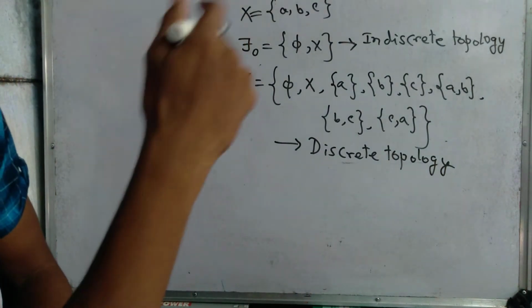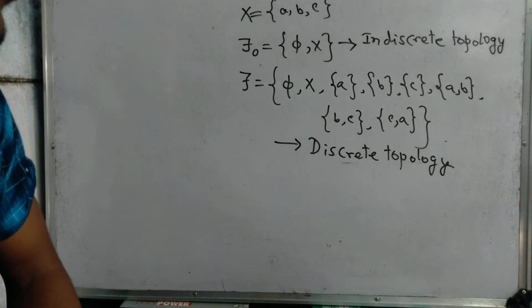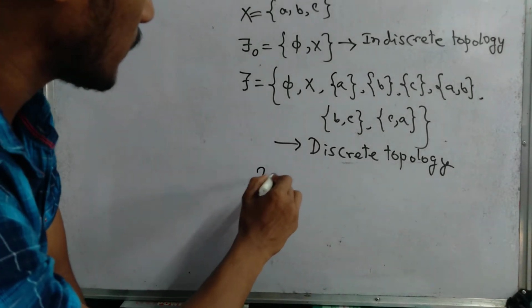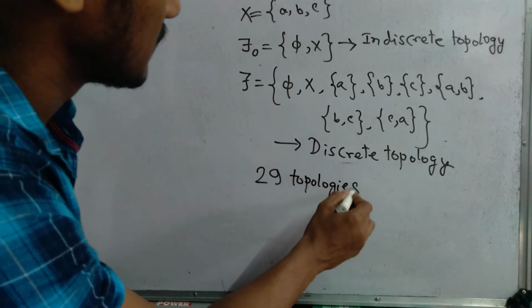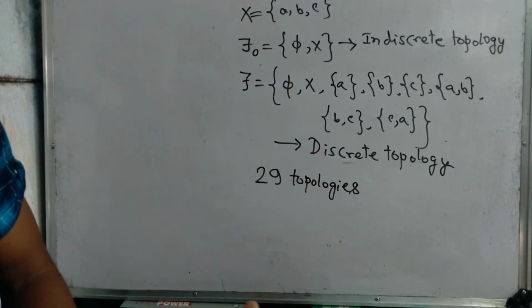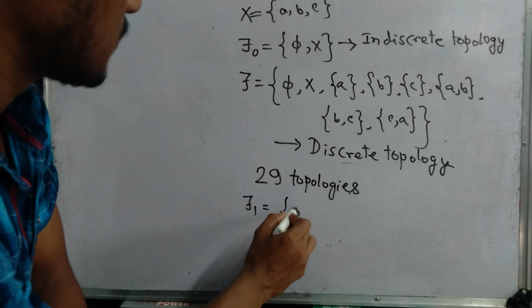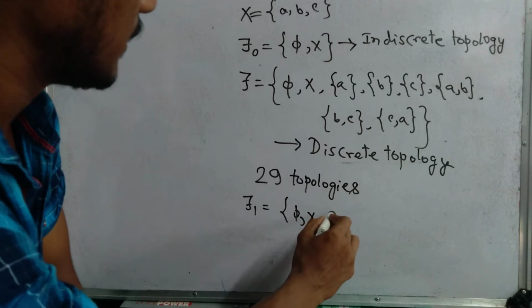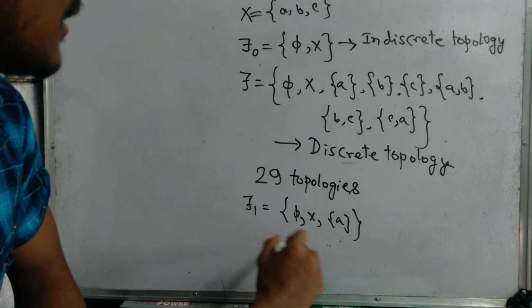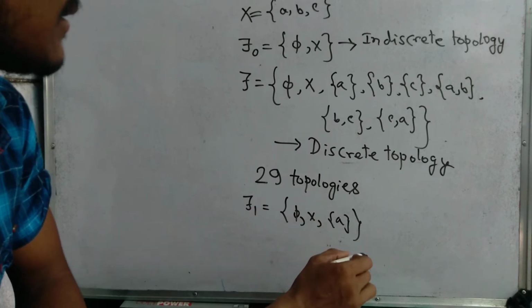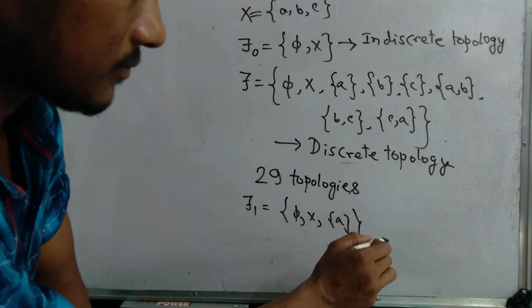We further checked it at home and also found 29 topologies from this 3-element set. That means we can also construct tau 1 as phi, X, A; tau 2 as phi, X, B; tau 3 as phi, X, C. That means 3 types of this one.